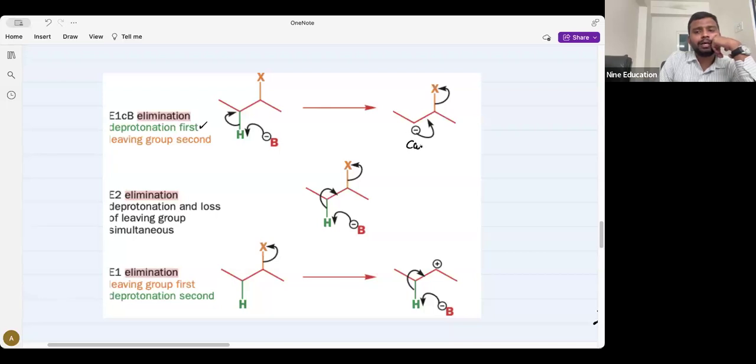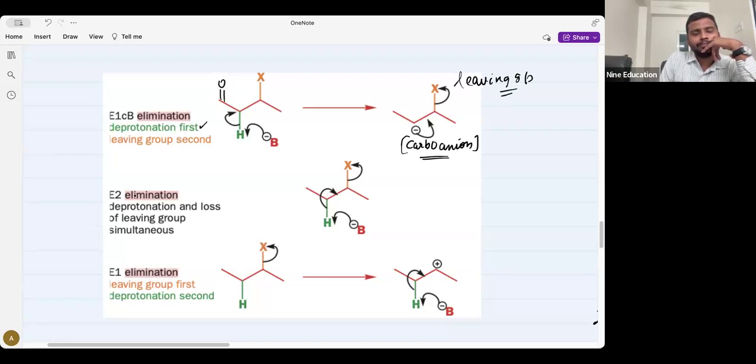Carbanion, this carbanion is our intermediate. Negative on carbon will be our intermediate. Now it can go up here. यहाँ से ऊपर जाके चला जाता. Then it can come back and will remove the leaving group from here.